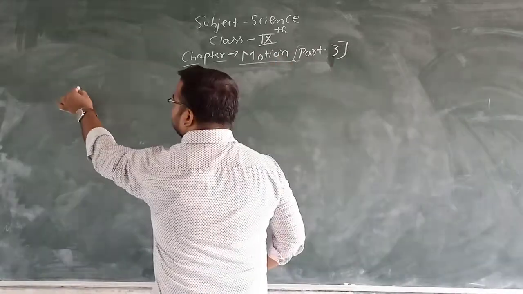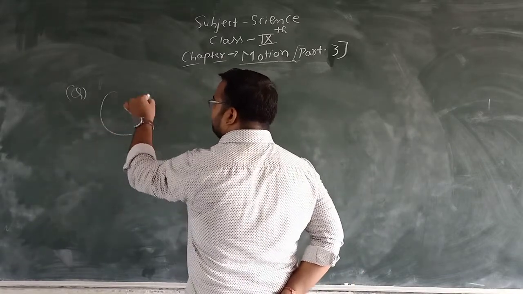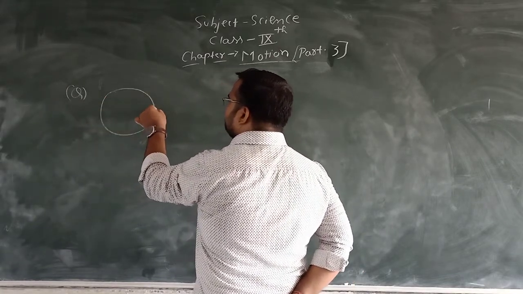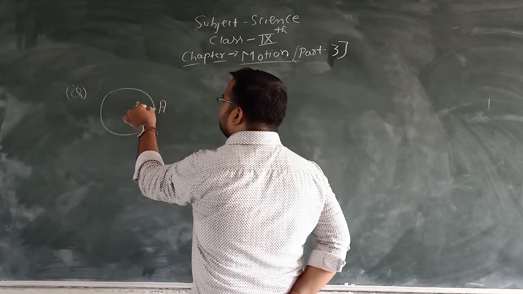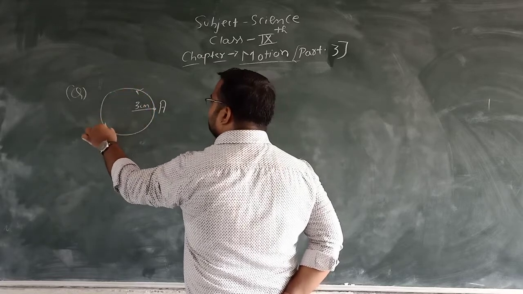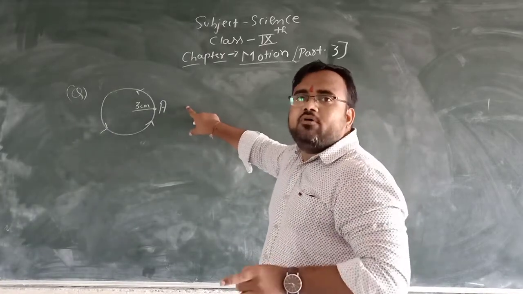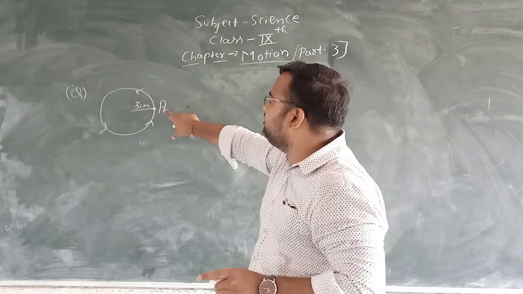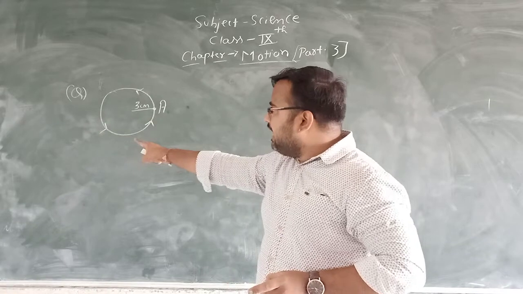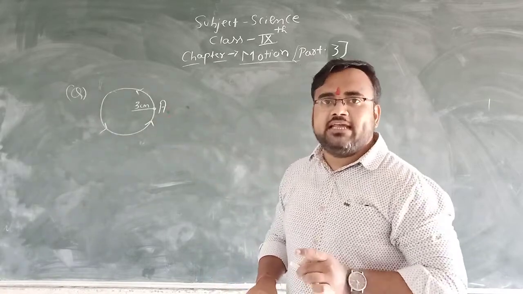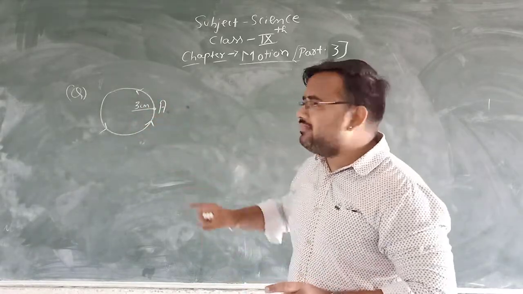So the question is, if an object starts its journey from point A and travels in a circular path and ends its journey at point A also, so the starting point and the end point are the same.